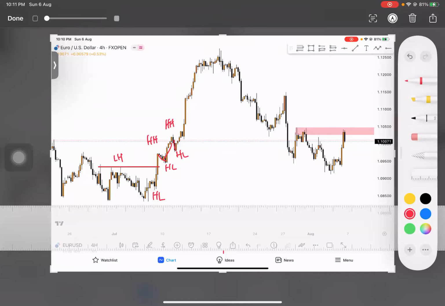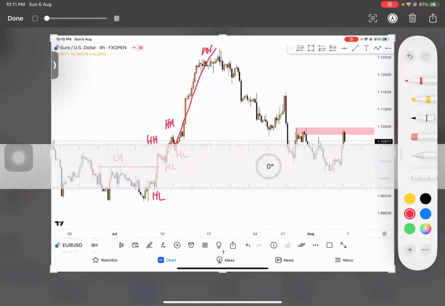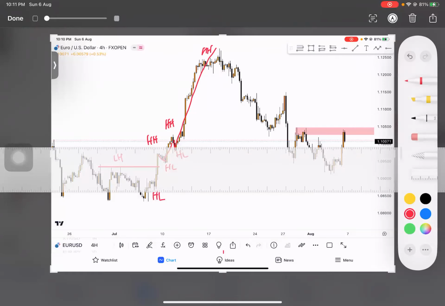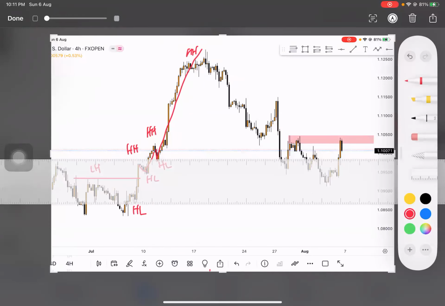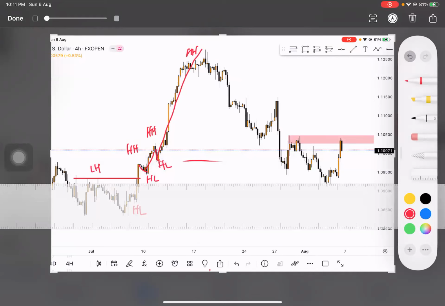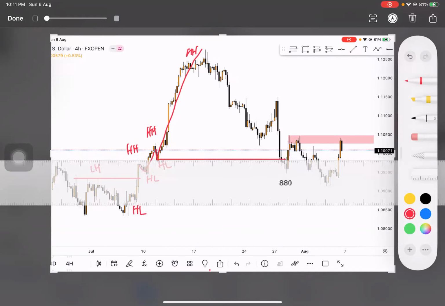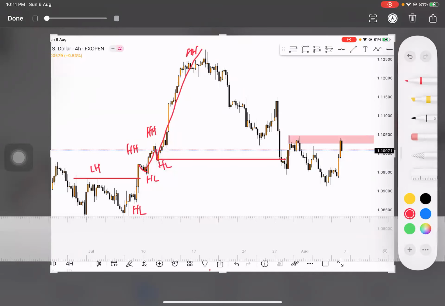Then another breakout, higher high. After this one, the confirm low, we apply what we learned just now. This confirm low is being broken out, right? So this is the change of character. Understand?